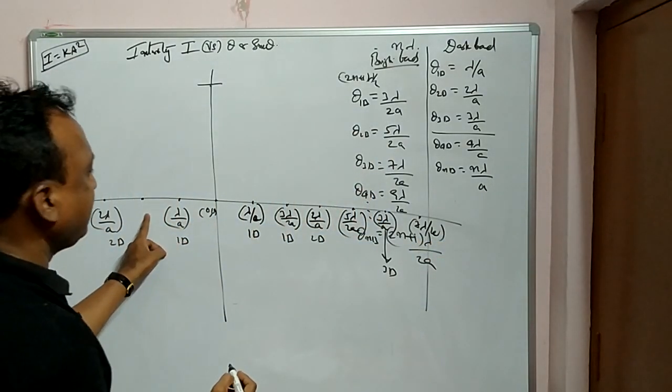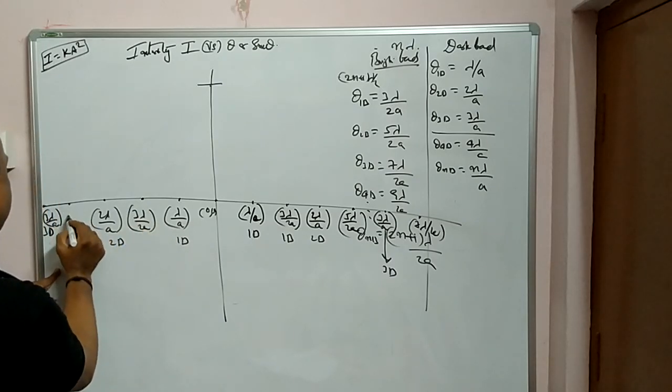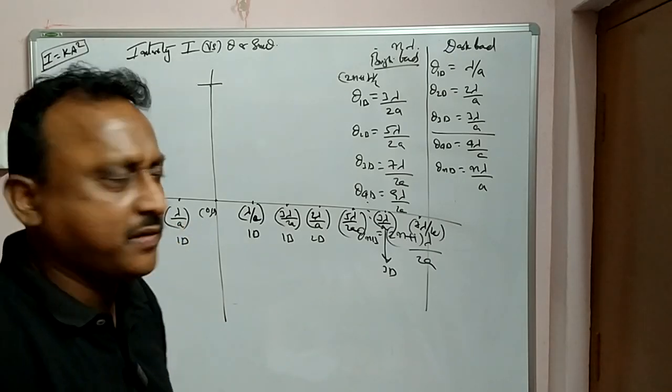The same way here you are getting 3 lambda by 2a, 5 lambda by 2a. That means between two darks one bright is forming.